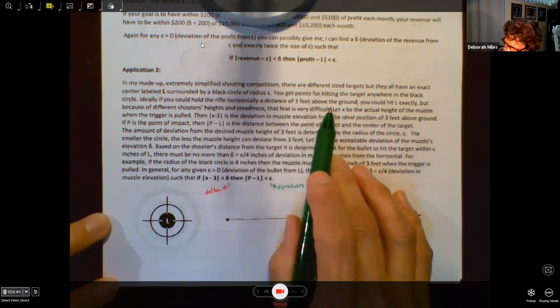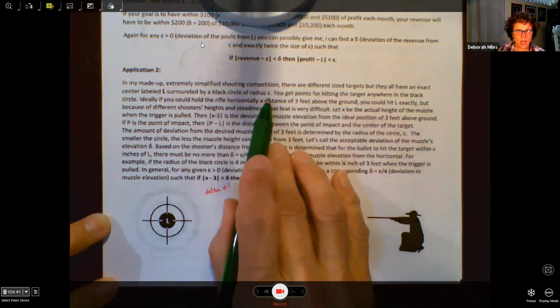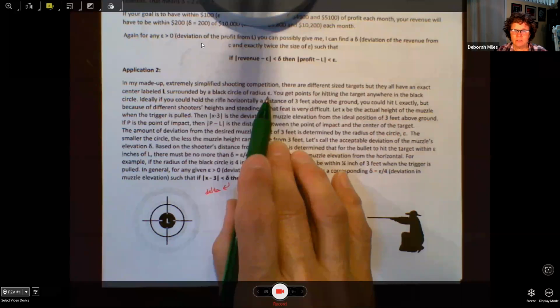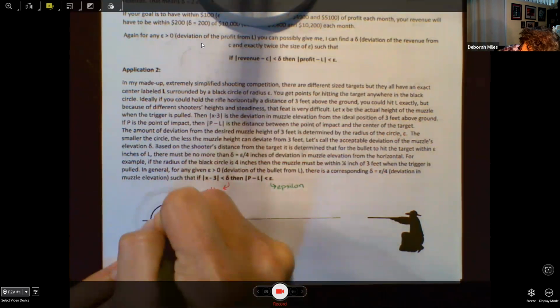All right, this is telling us that the target has a radius of epsilon units. So somebody at the competition sets that epsilon. It could be a little bitty circle or a big circle for beginners, but somewhere, this is the point that I'm trying to hit right here, this L.